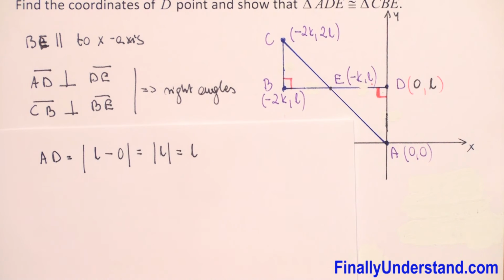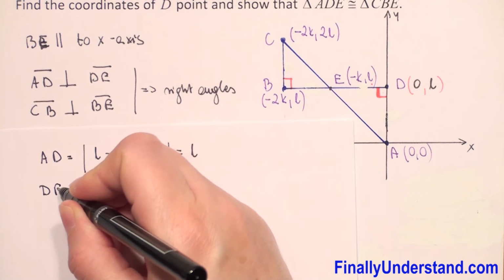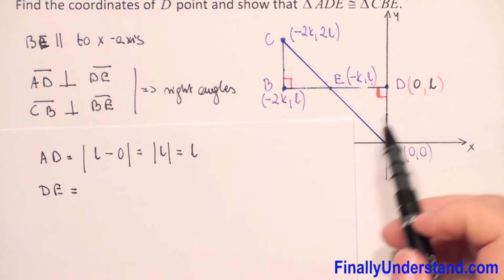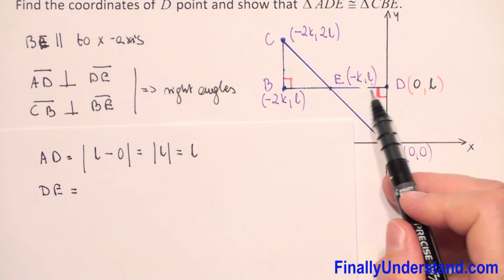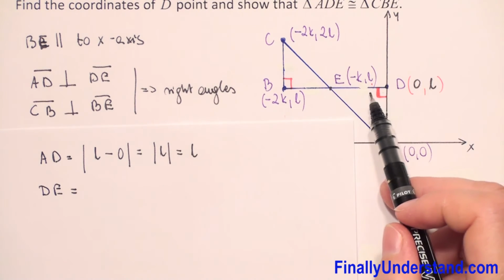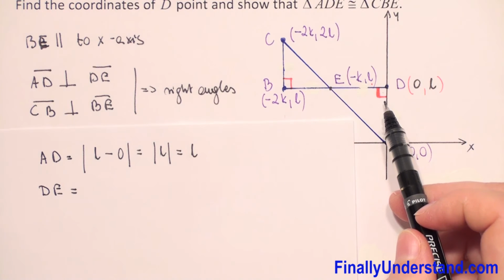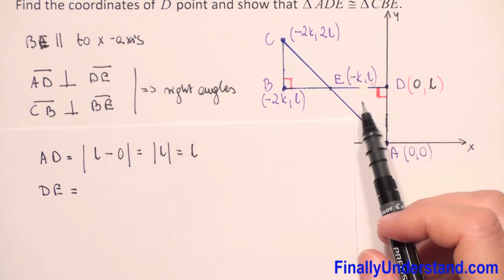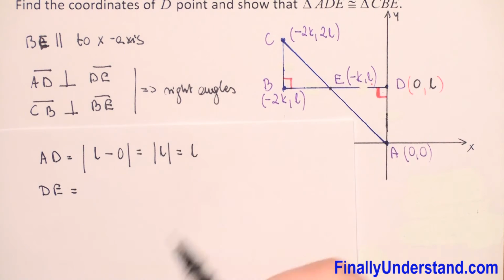Now we will find DE. DE segment is a horizontal segment. To find the length of a horizontal segment, we will find the absolute value of the difference of the x-coordinates of the endpoints, because we see that the second coordinate is the same.